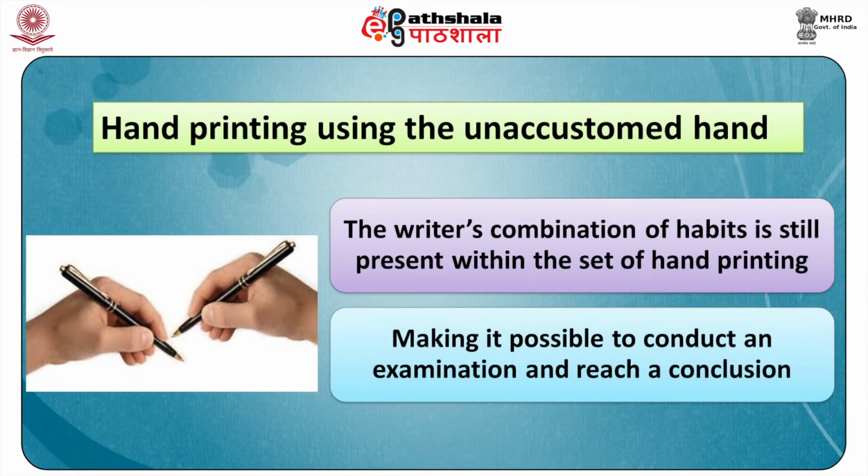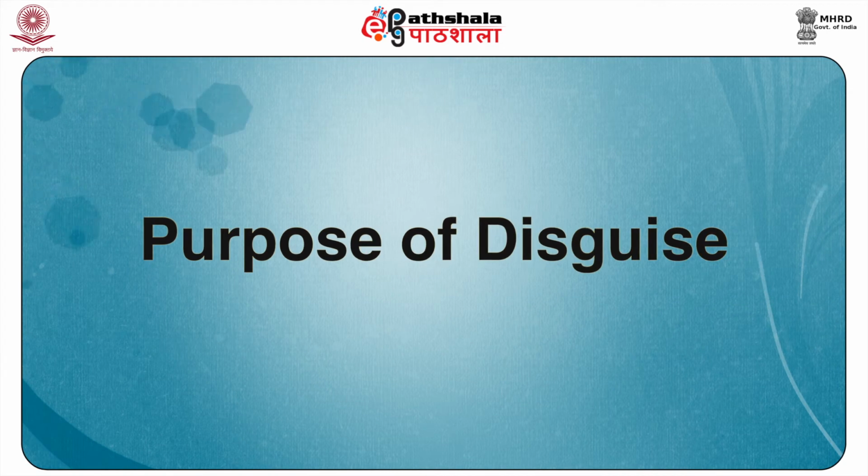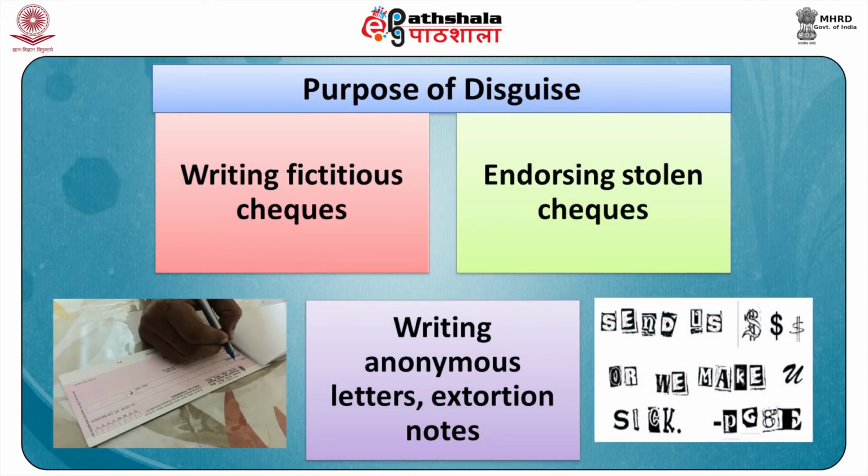The writer's combination of habits is still present within the set of handprinting, making it possible for the forensic document examiner to conduct an examination and reach a conclusion. Now, let us see the purpose behind the disguise. Disguised handwriting is most commonly used in the following situations.